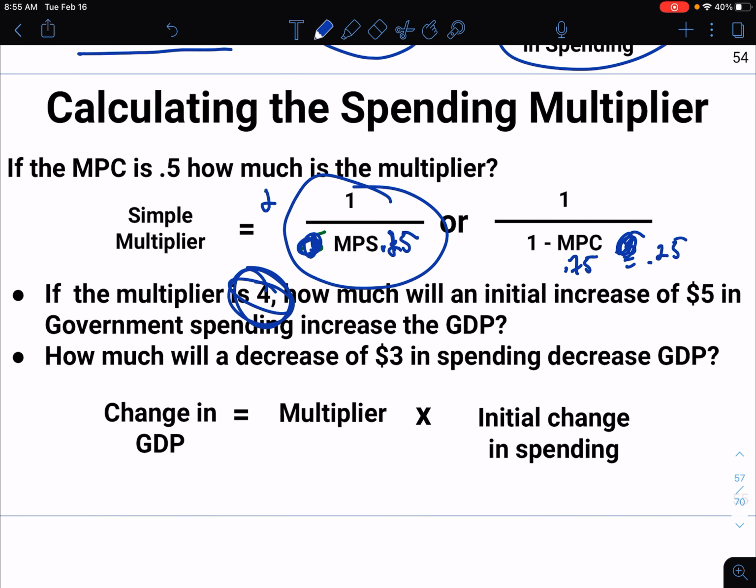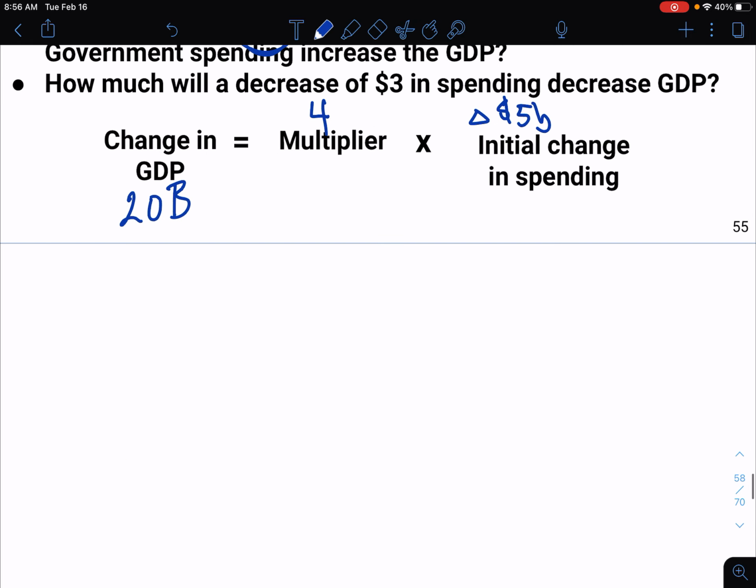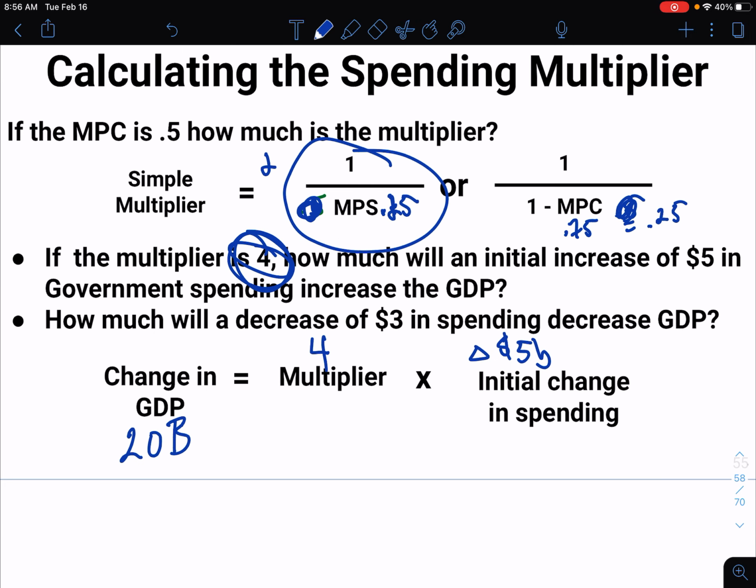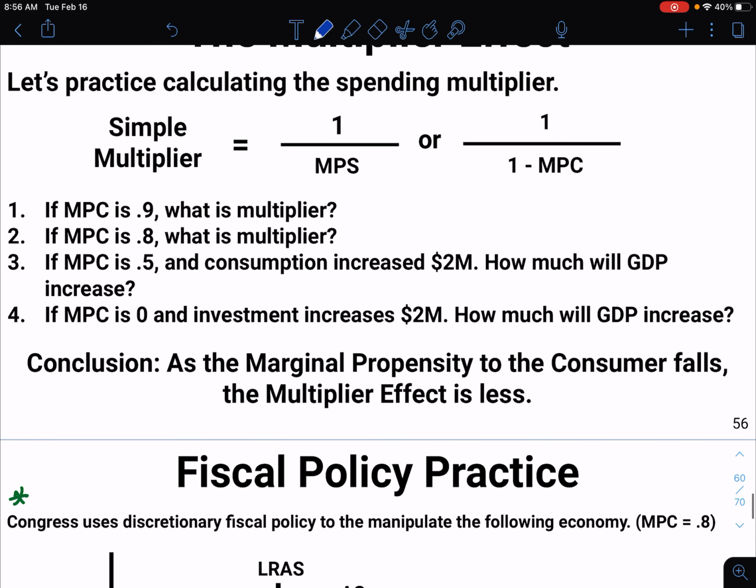So our 5 billion in government spending, change in government spending, times our multiplier of 4 gives us a change of GDP of $20 billion. Okay, so that's really what we're looking at. In practical times, we're going to have relatively simple multipliers. Okay, so you've got 0.9, 0.8, 0.5, things like that. Throw in a 0.75, just the math is going to be pretty simple.